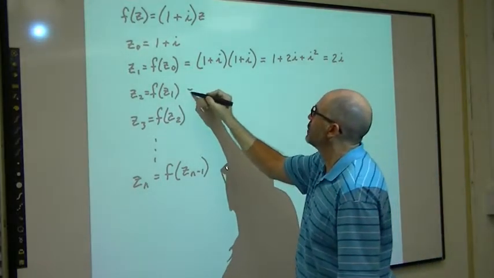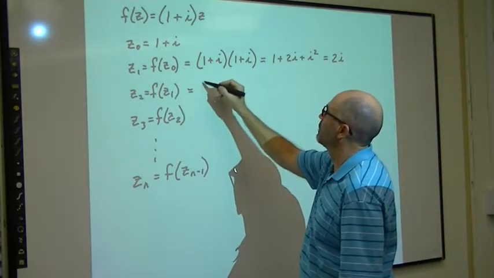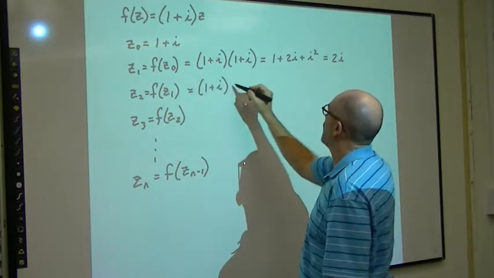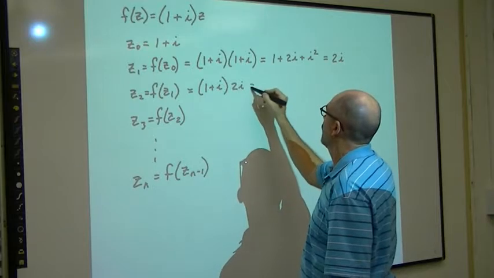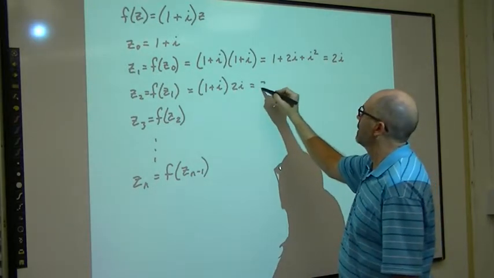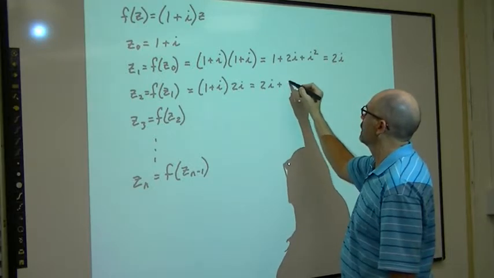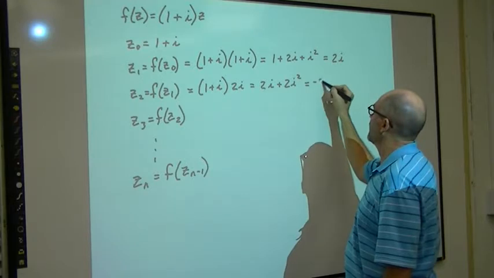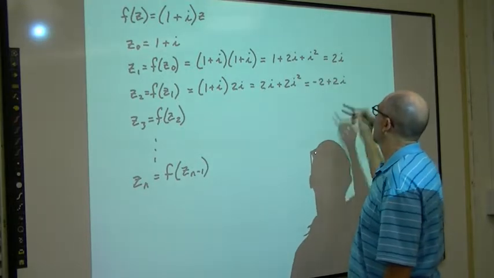Now z sub 2 is going to be f of z sub 1, which is going to be 1 plus i times 2i. So I distribute that, and I end up with 2i plus 2i squared, which equals negative 2 plus 2i.